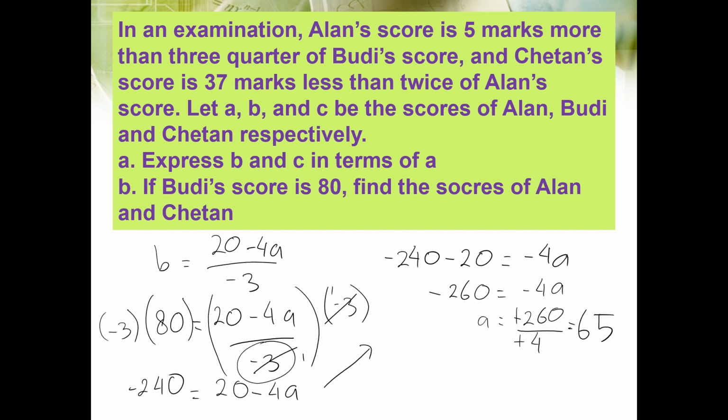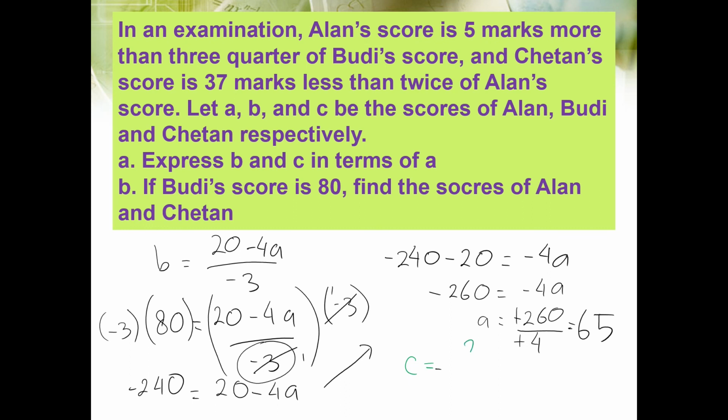It's quite easier because at the first we know that Chetan's score, sorry, Chetan's score, wait, let me erase this one. Chetan's score equals 37 less than twice Alan's score.